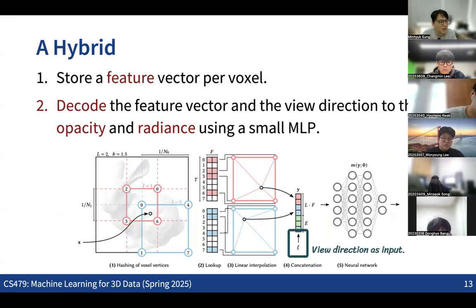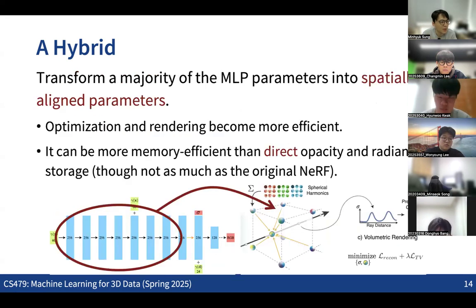The meaning of this is that when you have a deep NeRF network with a bunch of layers, we take most of the neural net parameters and make them spatially aligned parameters. Instead of having a bunch of neural network layers, we place latent features at each of the corner points.